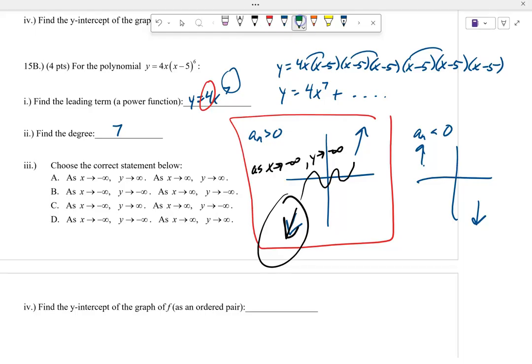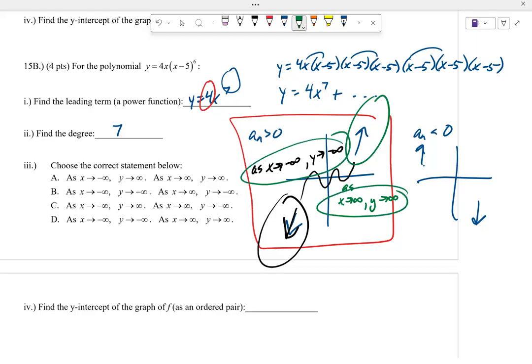Now over here on the right, as we follow x to the right, as we shoot to infinity, as it increases in magnitude, the y also increases in magnitude. It shoots up, right? As x goes right, y shoots up. So we're looking for the one that has those two statements on there. Looks like that would be D here. As x goes left, y goes down. As x goes to the right, y goes up.